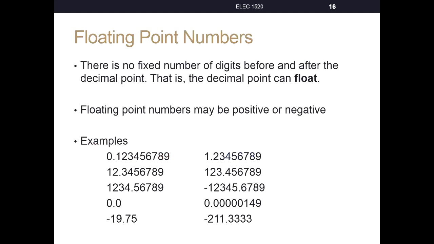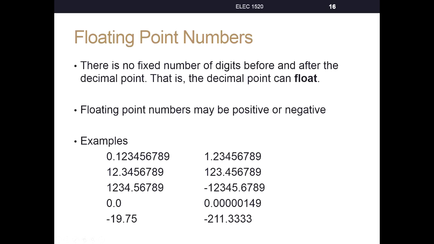Floating point numbers. There is no fixed number of digits before or after the decimal point, and the decimal point can float. Floating point numbers, positive or negative, they can be signed, and here's some examples. You can see here we could have as many digits as we want before and after this decimal point. In this case, 12.34567889, we have 2 digits before, 7 digits after.